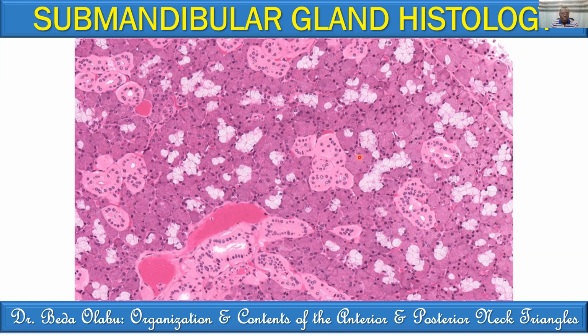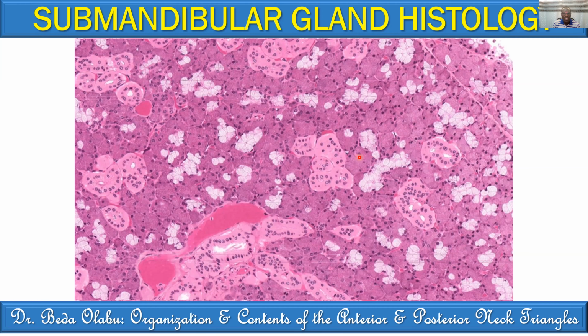So we can conclude something very important about the submandibular gland: it's a mixed acini gland. It has both mucus acini and serous acini. Remember, in the parotid, the gland was predominantly of serous acini. Now in the submandibular gland, the parenchyma is of mixed acini, both serous and mucus acini.